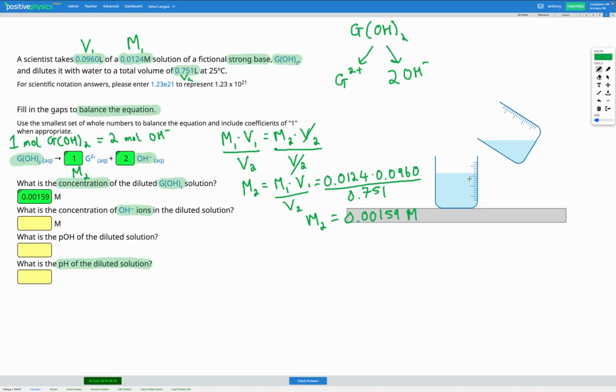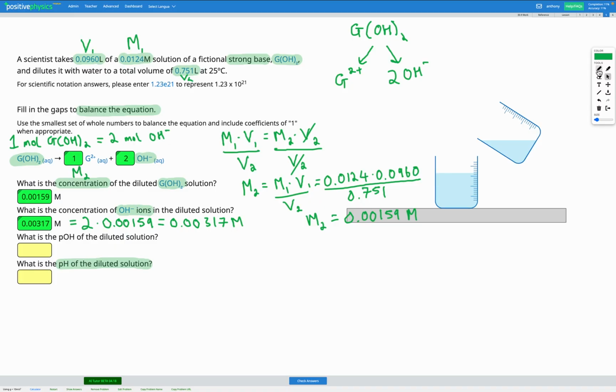So we know that our concentration of hydroxide ions is going to be 2 times our concentration of GOH2. So this is going to be 2 times 0.00159, which gets us an answer of 0.00317 molar. Let's fill that in. Awesome. So we now know our concentration of OH- ions.